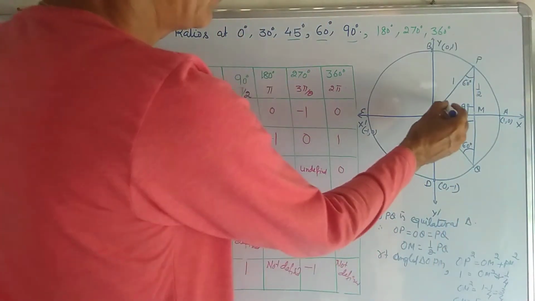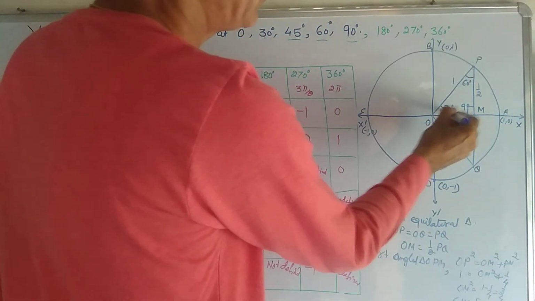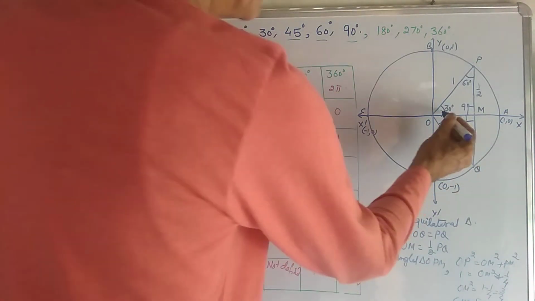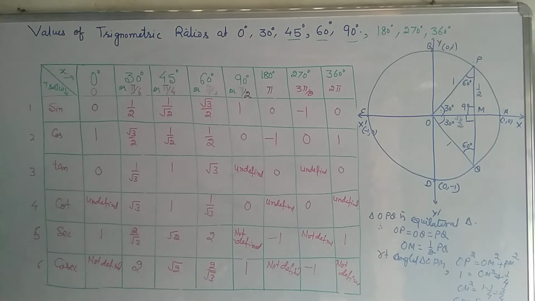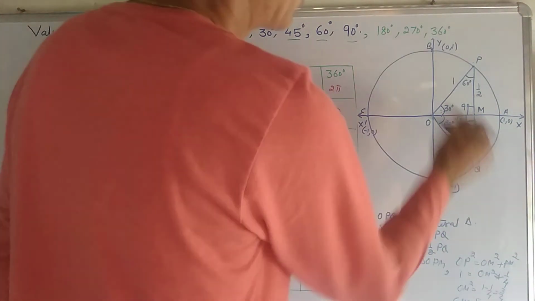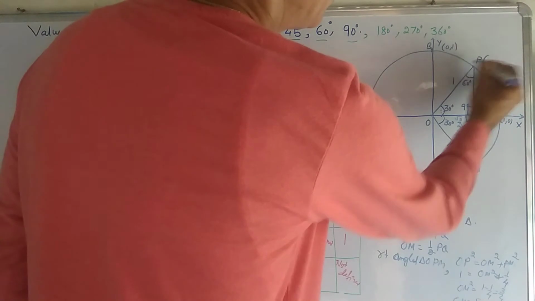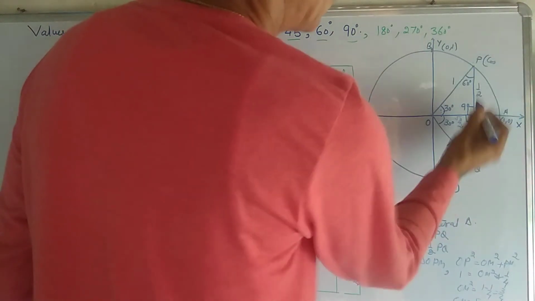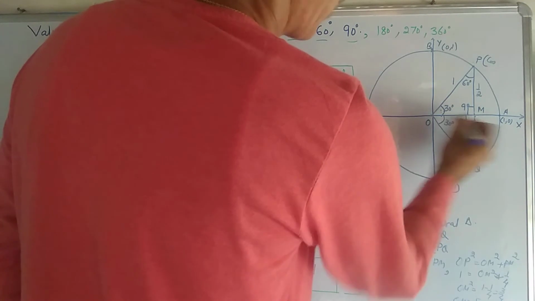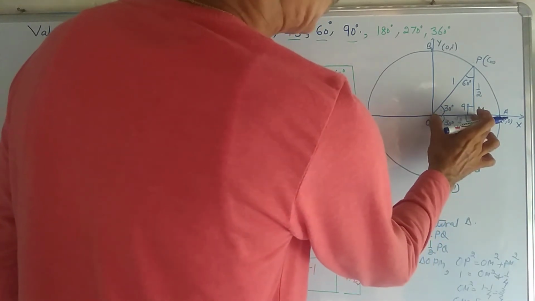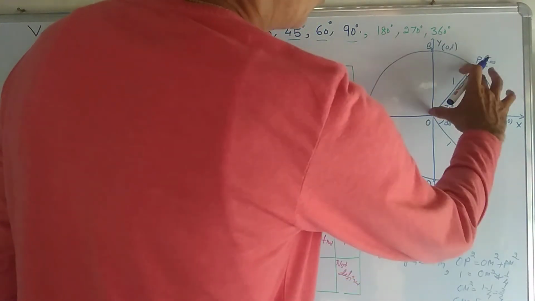Now if we select this angle 30 degree, then sine 30 degree will be PM upon OP. Now first of all we will see it in the unit circle. The coordinates of this are cos, OM upon OP, and PM upon OP.